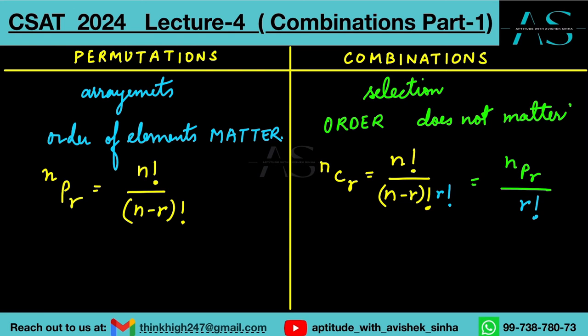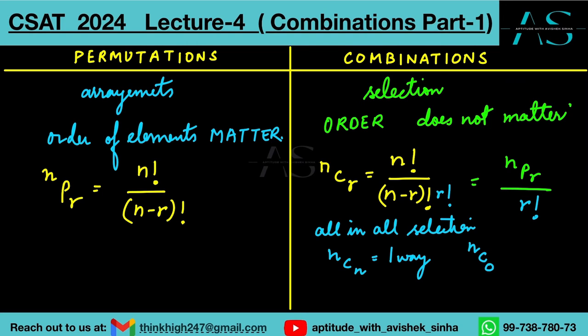Alright. How many ways can you select all in all? That is nCn selection. That is in one way. Also, how many ways can you not select a particular person, or not do a particular task?